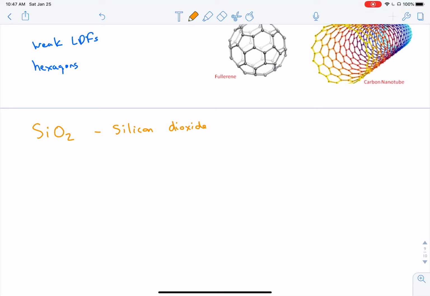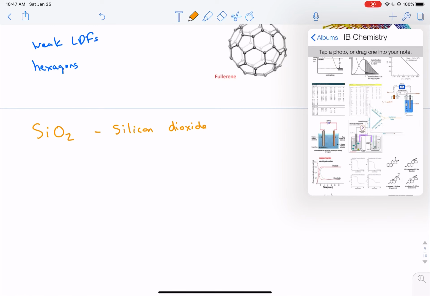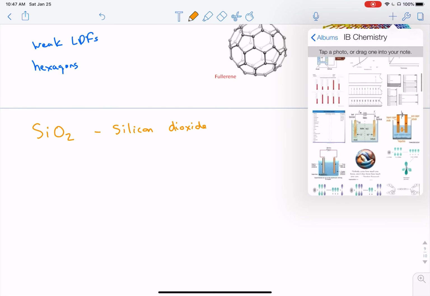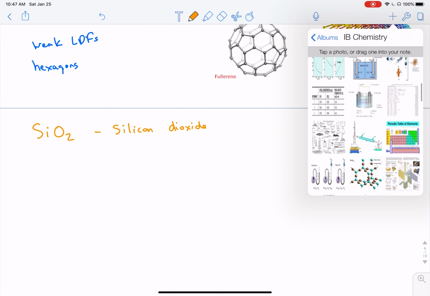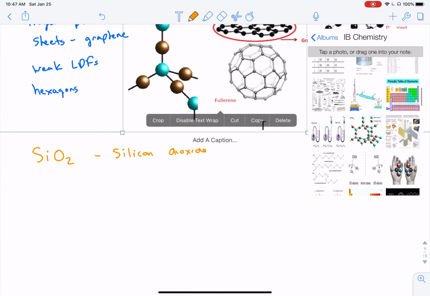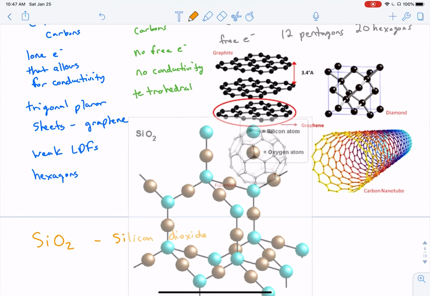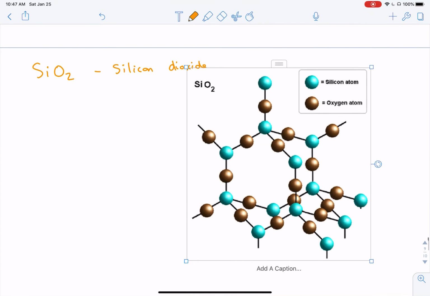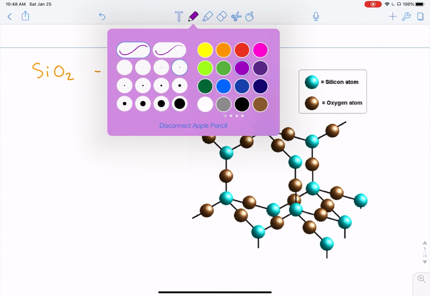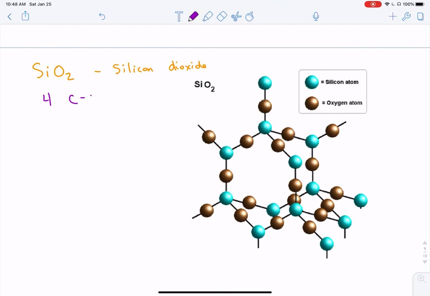What actually happens is that silicon bonds like this, where instead of two double bonds, it has four silicon to oxygen single bonds.